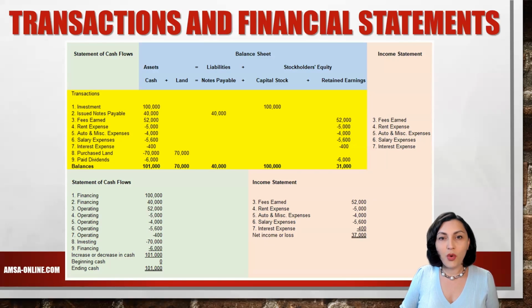By deducting all expenses from fees earned, net income is determined to be $37,000. This equals the net effect of revenues of $52,000 and expenses of $15,000 on retained earnings.